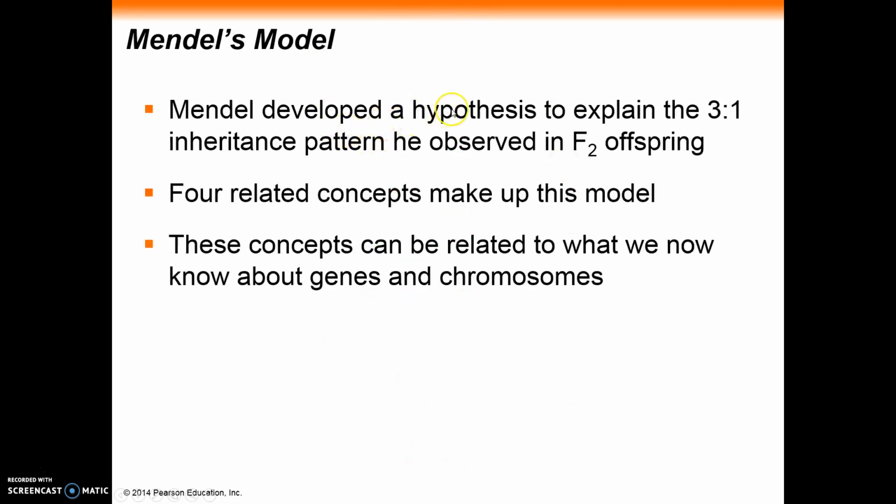So Mendel developed a hypothesis to explain this 3-to-1 inheritance pattern that he saw in the F2 generation. Four related concepts make up this model, and these concepts can be related to what we now know about genes and chromosomes and DNA, because remember, he had no concept of DNA at the time.